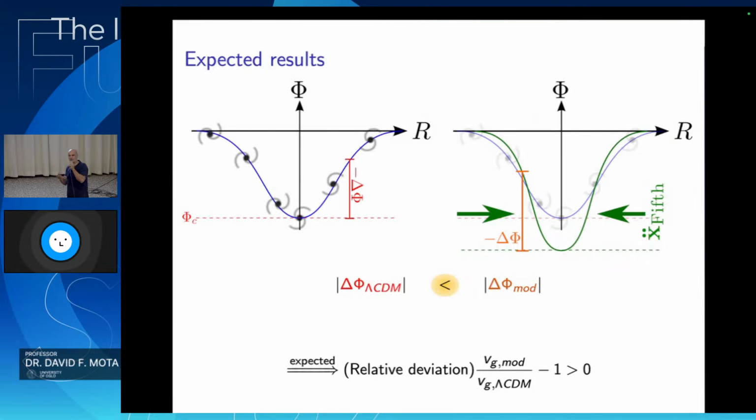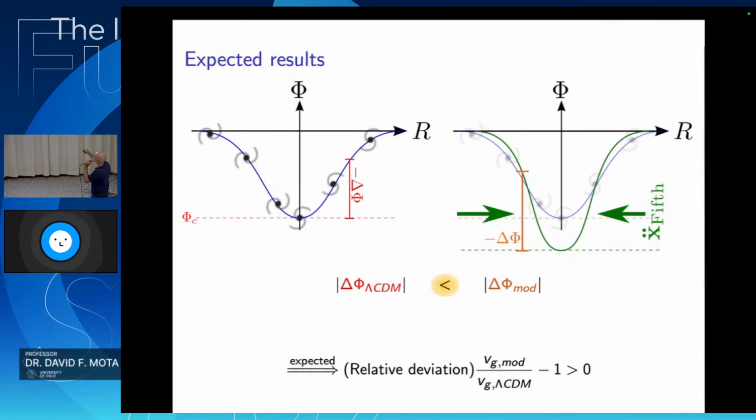So we have a deeper gravitational well. That means I will have, in principle, a higher gravitational redshift for the photons. So the difference in gravitational well for modified gravity should be larger than the difference in lambda CDM, for instance from this central galaxy to one at the edge.